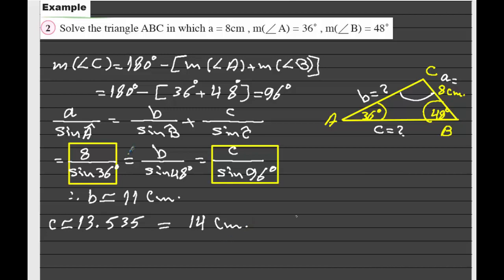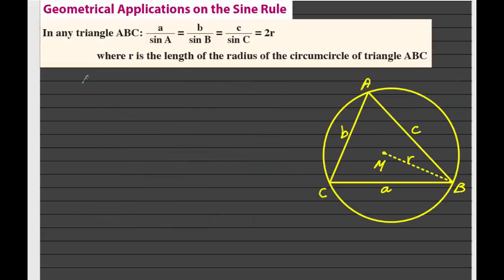Next, here we have another rule, geometrical applications on the sine rule. We have another form of the sine rule related to the circumcircle of the triangle ABC.